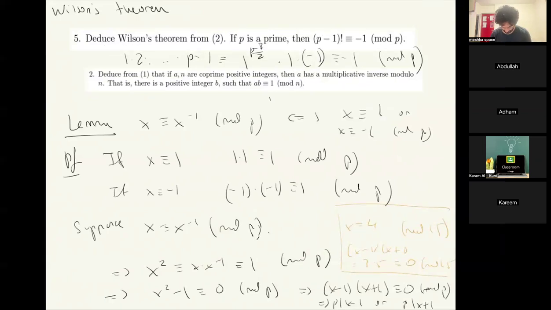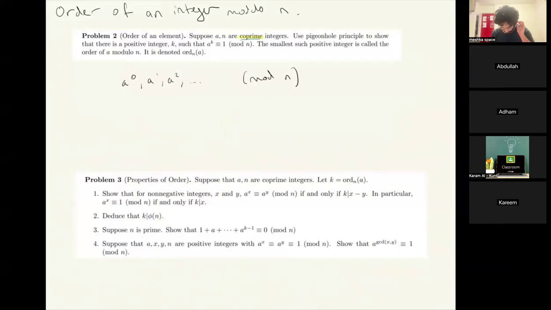So great. Now let's talk about order. This is related to Fermat's theorem and Euler's theorem. The order of an integer modulo n: we have the same setup. We take n as our modulus and a is an integer co-prime to n. We know a to the phi of n is congruent to 1 mod n.